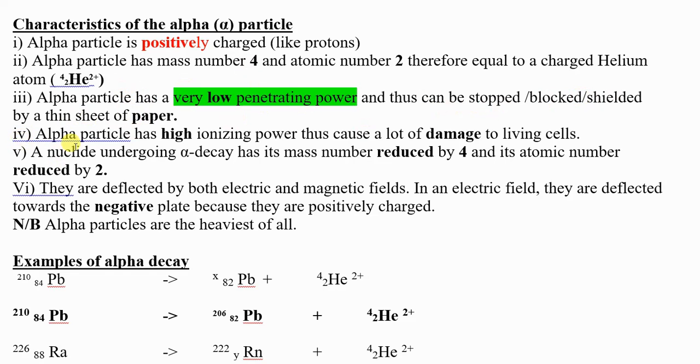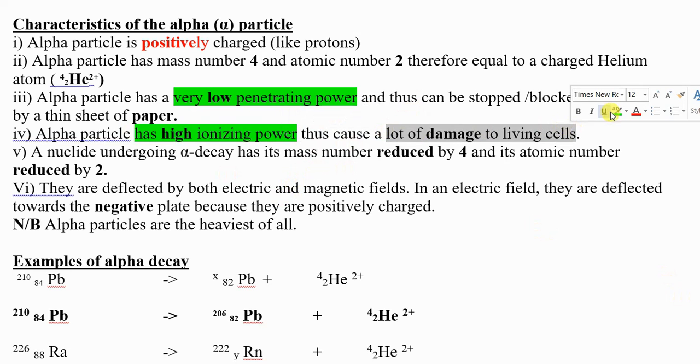Number 4, alpha particle has a very high ionizing power, and thus causes a lot of damage to living cells. Even when you go for X-ray, they don't use alpha particle radiations.